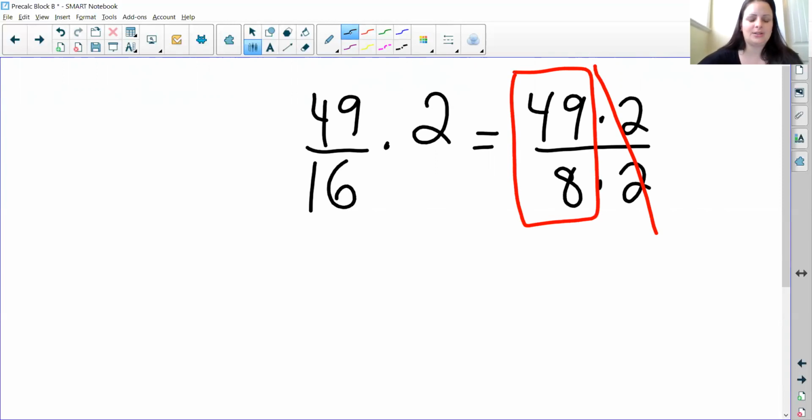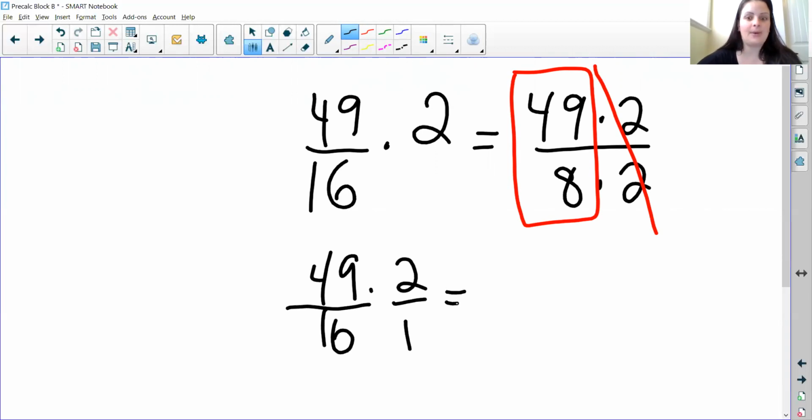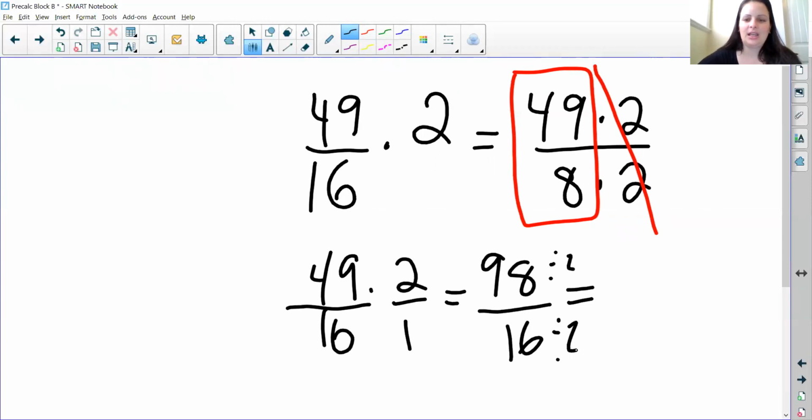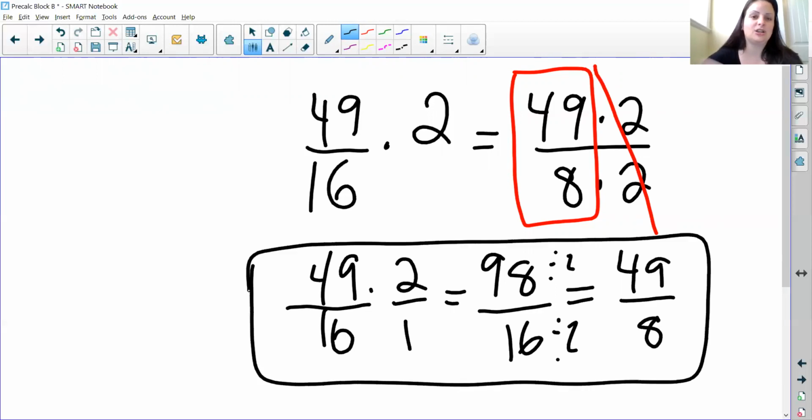The other way you could do it is actually multiply 49 times 2. Multiply the top by the top, so you'll get 98 over 16, and then you'll have to simplify. They're both divisible by 2, and so then you would get 49 over 8. To me, this bottom one here is a lot longer and tedious, and if you can remember that if I multiply a fraction by 2, it's the same thing as just halving the denominator. So that's how I got it.